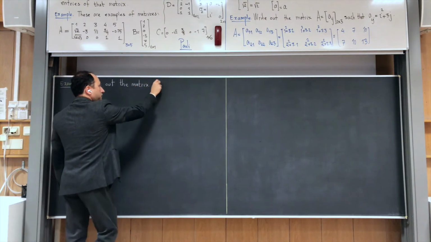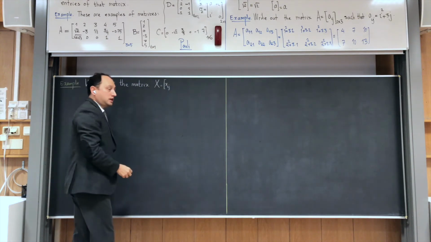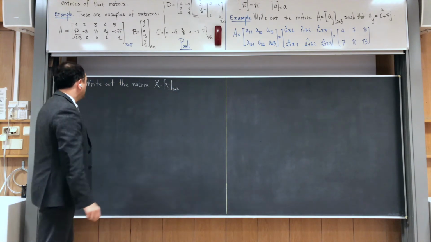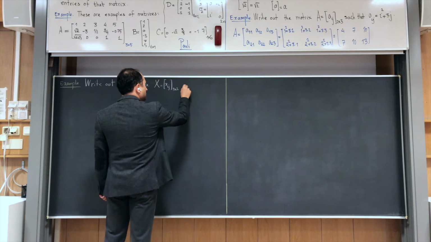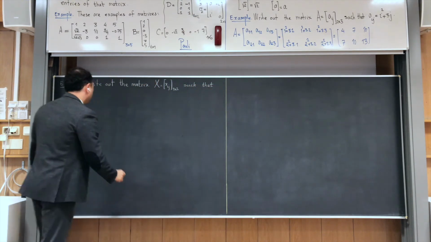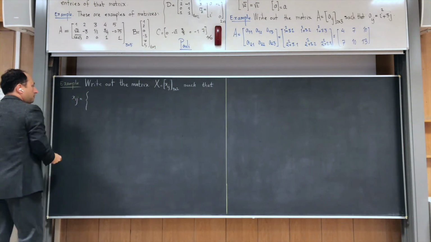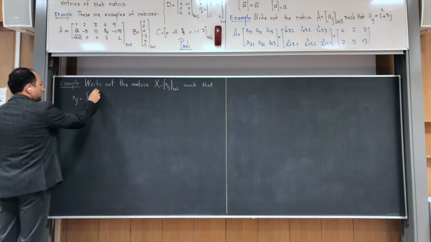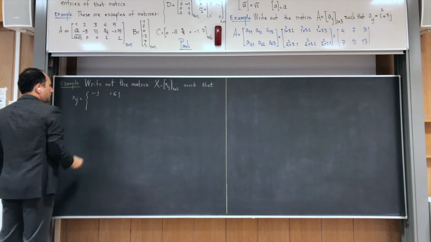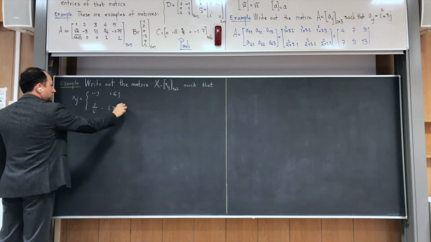So let me call this one capital X with small x_ij, and let us this time make it 3 by 2. Write out the matrix such that we have this definition. x_ij is defined to be i minus j if i is less than or equal to j, and j over i if i is greater than j.